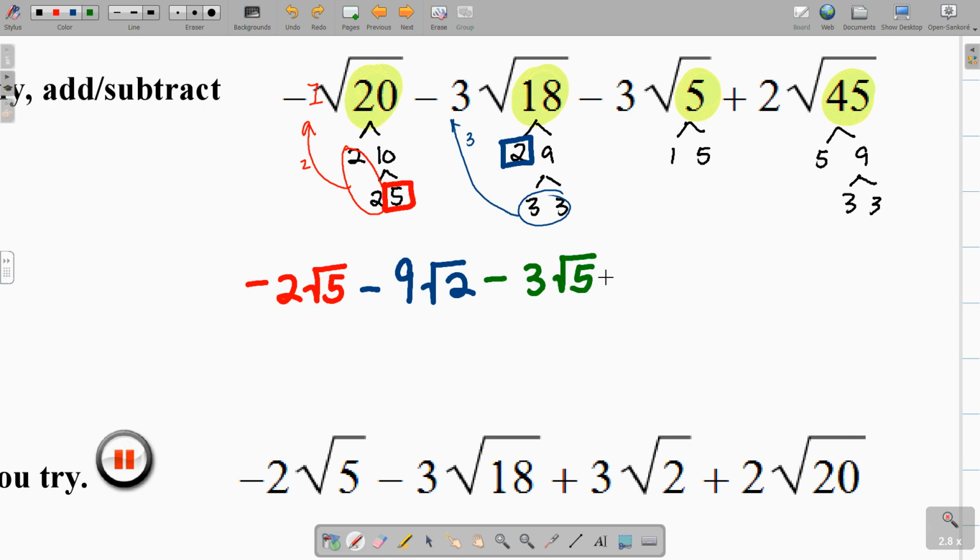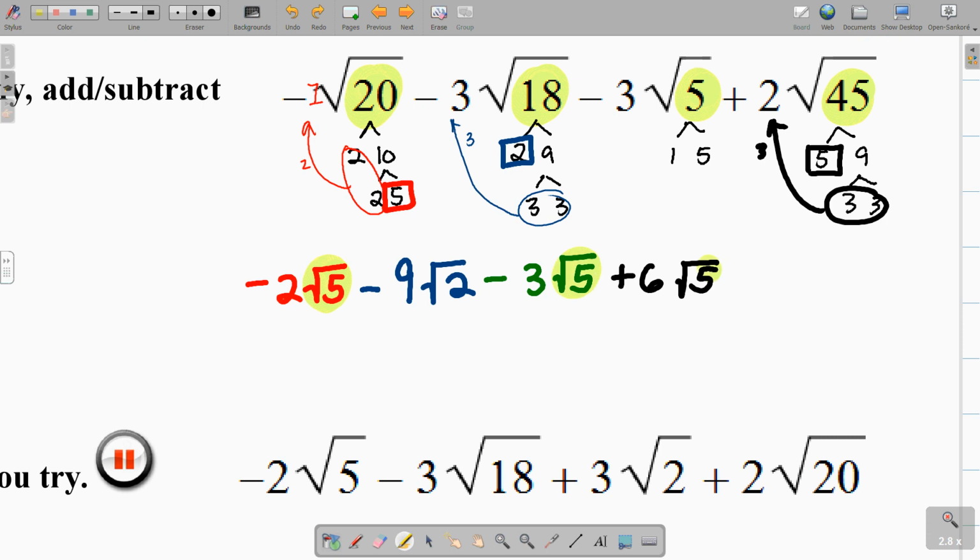Plus 6 is positive 1. So this is positive 1 root 5. I have dealt with those. I like to cross stuff out after my brain's accounted for it. Minus 9 root 2. And you are done here.